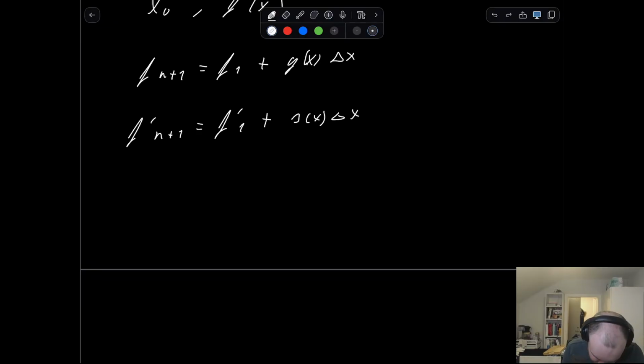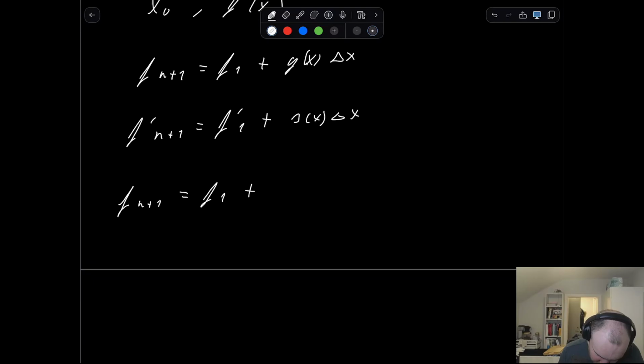Now let's model this. I wrote f derivative, didn't I? And now I want f, and f of n plus 1, if we do it again, is just equal to f of n plus the derivative times the step. And this is the Euler-Cromer method.